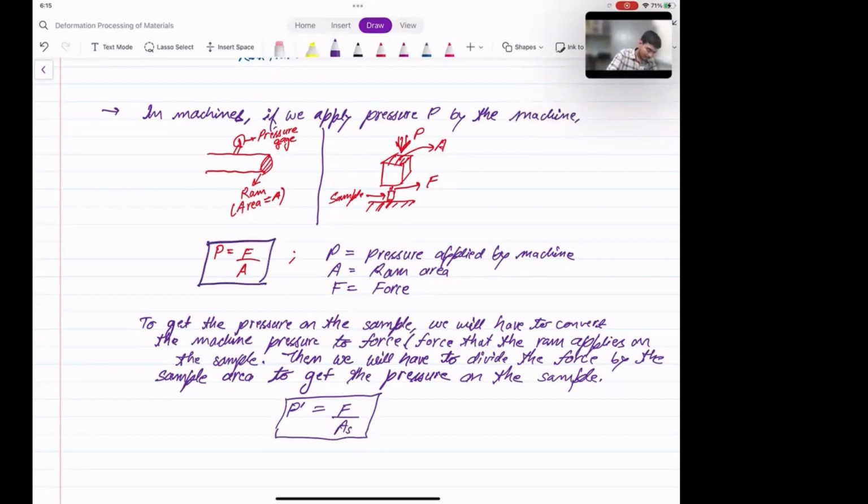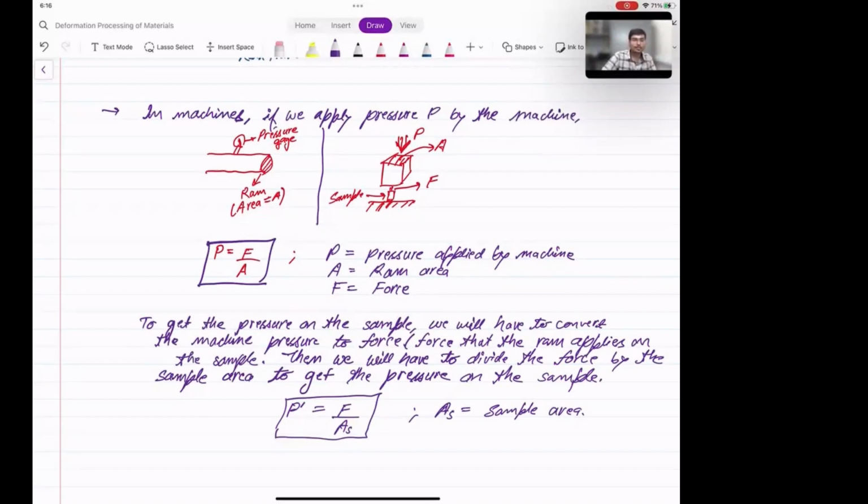You can use these two relations here. Again, this is the sample area. Okay. So in this way, we can convert the pressure applied by the machine to the pressure experienced by the sample.